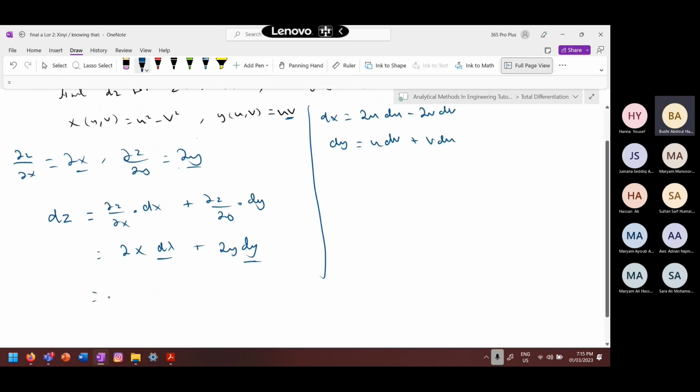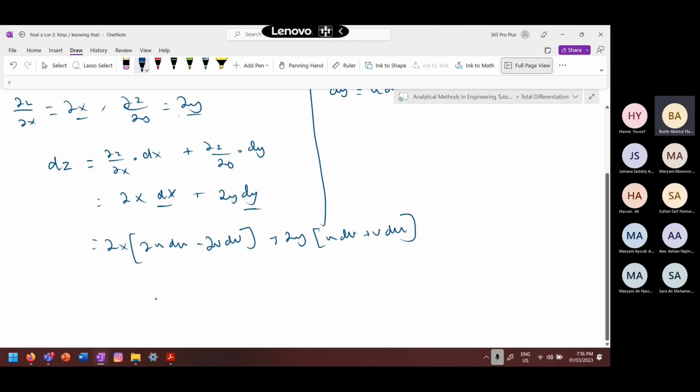Okay, we'll get 2x. That's the dx. Okay, 2x, 2u du minus 2v dv plus 2y, dy is equal to u dv. Just let me check. Yeah, okay, dv plus v du. Okay. Now just simplify this.